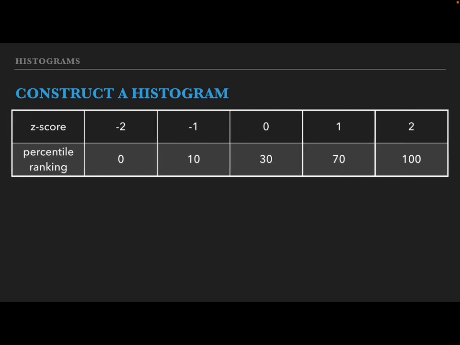Let's start with labeling. We have seen that we can use relative areas to represent relative frequencies, so labeling the vertical axis is not necessary. And just like what we did when we talked about the empirical rules, we can label the horizontal axis in terms of z-scores. So let's do that.